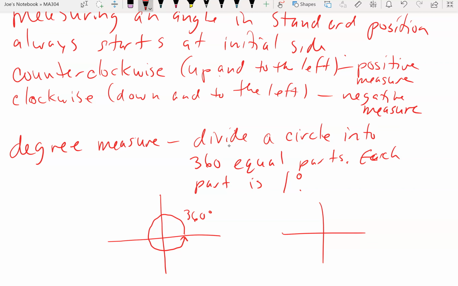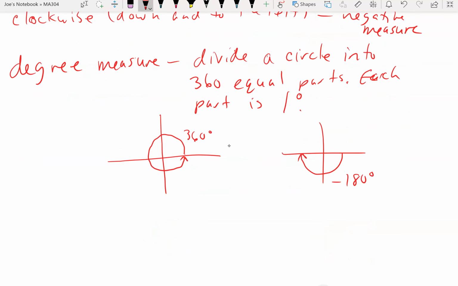What if I went this way and I stopped halfway? It'd be negative 180 degrees, right? Does that make sense? Okay. What if I went all the way around backwards and then went all the way to here?